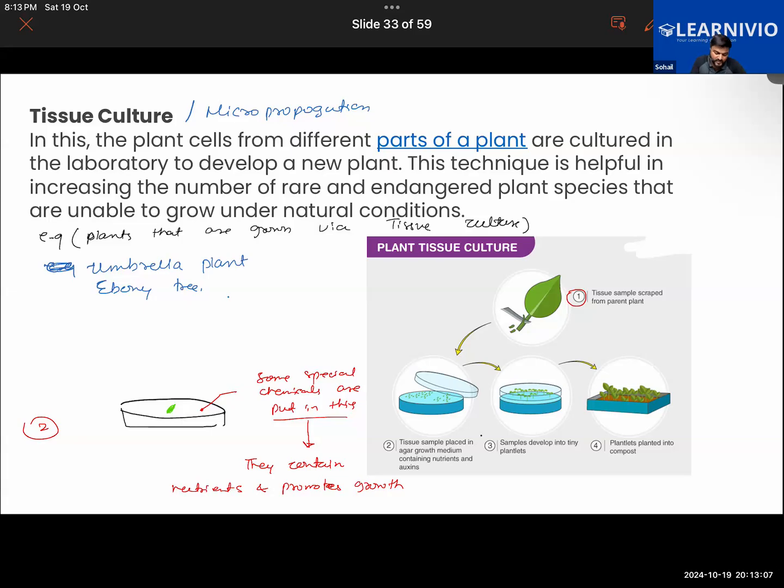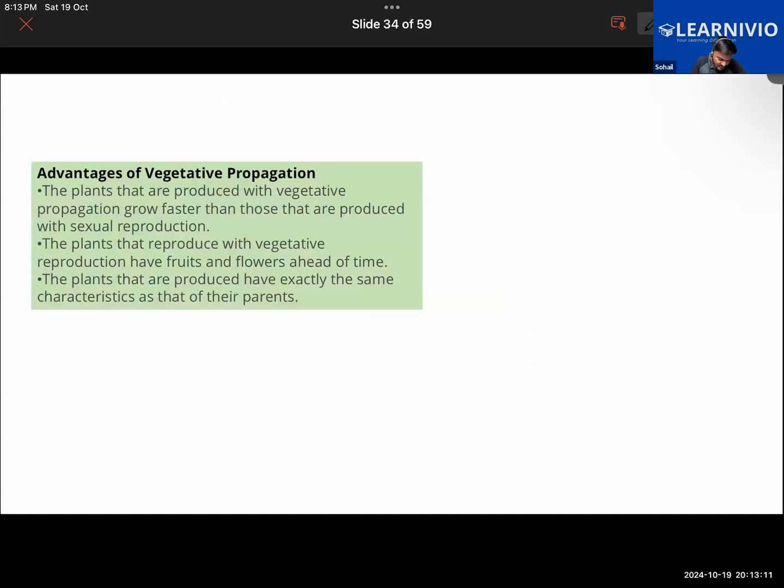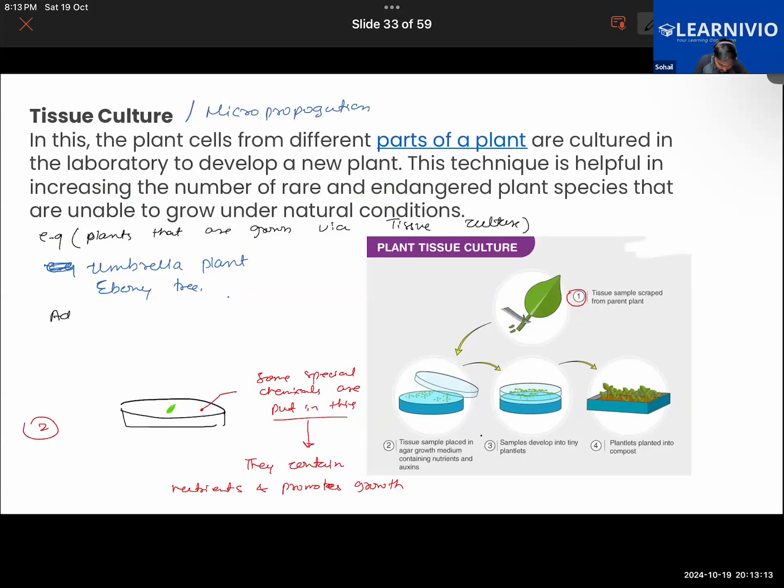Some of the major advantages of tissue culture are as follows. First thing is it saves time, plus we can save endangered plants. Endangered plants can be saved in this manner.